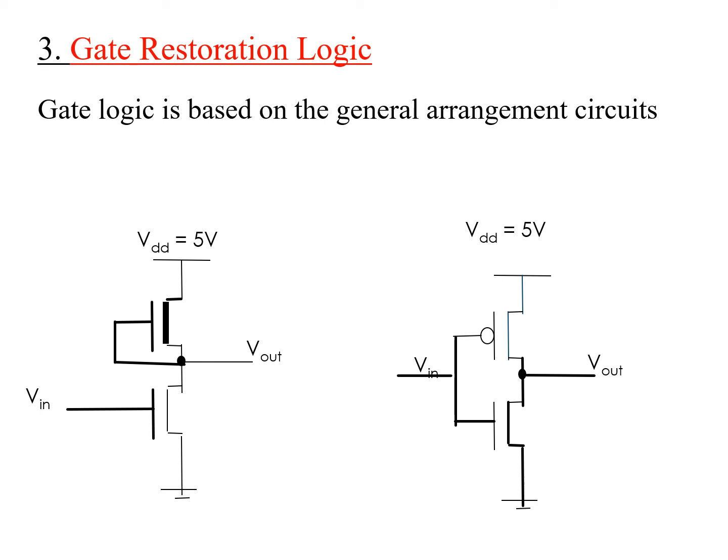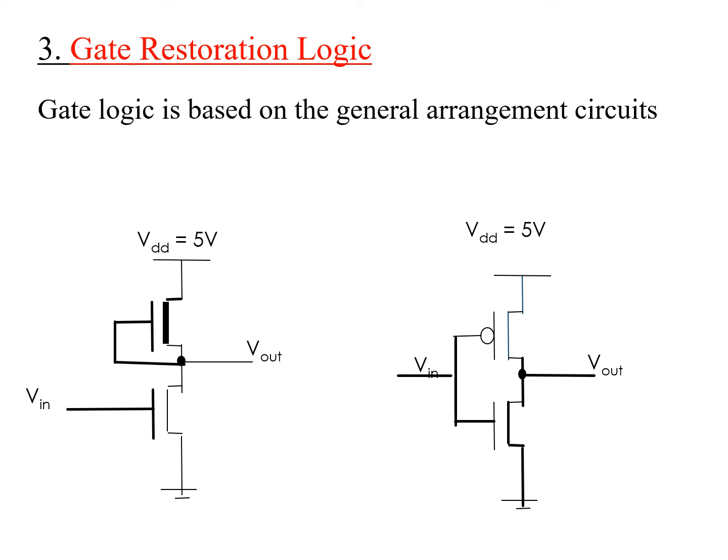Now what is the difference between these? Basically here you need to take the ratio of the pull up and pull down transistors, that is ZPU divided by ZPD. This upper part is the pull up and the bottom part is the pull down transistor.